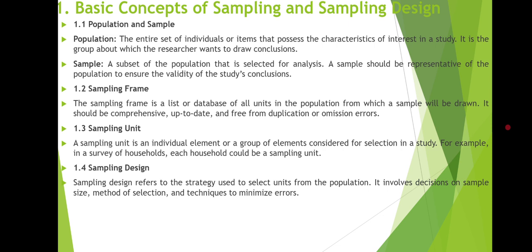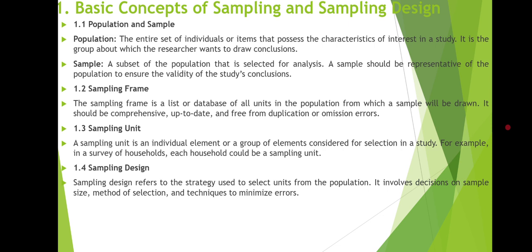Next, we have the sampling frame. Sampling frame is the list or database of all units in the population from which a sample will be drawn. It should be comprehensive, up to date, and free from duplication or omission errors. Next, we have the sampling unit. Sampling unit is an individual element or group of elements considered for selection in a study.